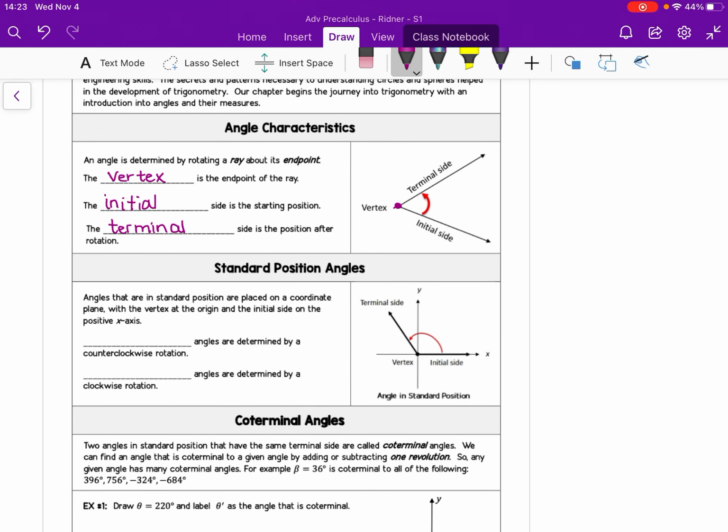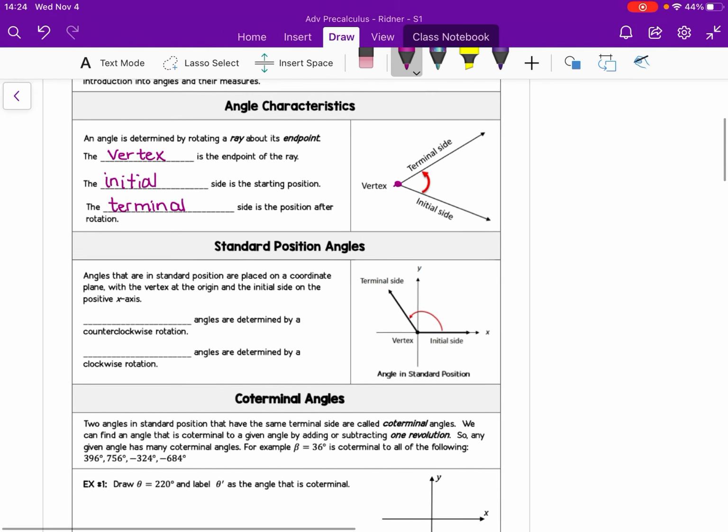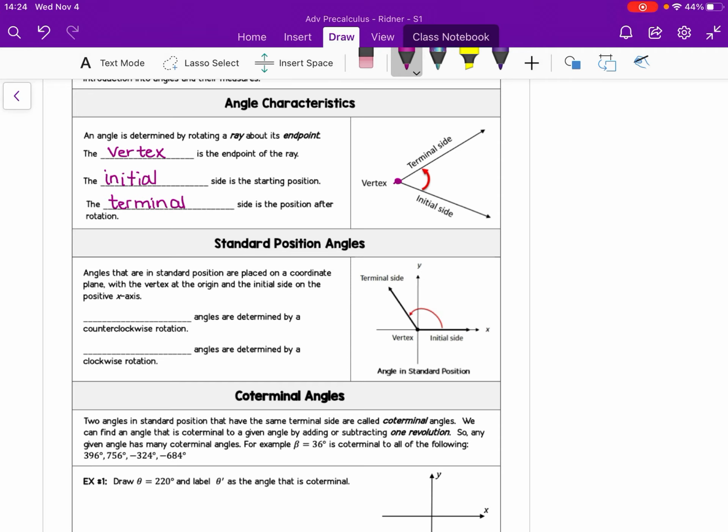Standard position is our other one. If you're talking about an XY coordinate here and the angle is going in a counterclockwise position, so if you never got counterclockwise and clockwise straight, now is the time to do so. I actually think about an analog clock and think about which way it goes for counterclockwise and clockwise.